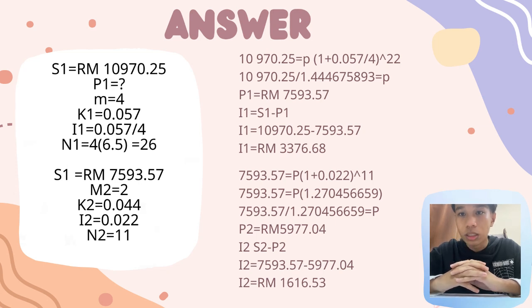The first keyword is future value RM7,593.57. The frequency is 2 and the nominal rate is 0.044, and the interest is 0.044 divided by 2 equals 0.022, and the last one is interest period 11.